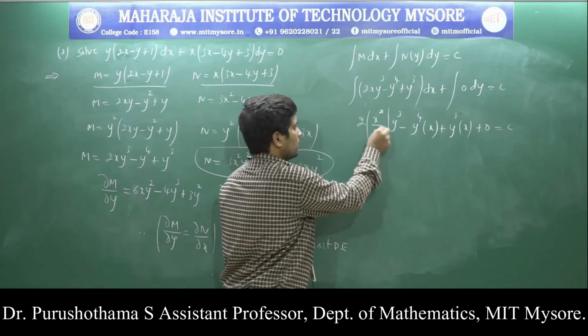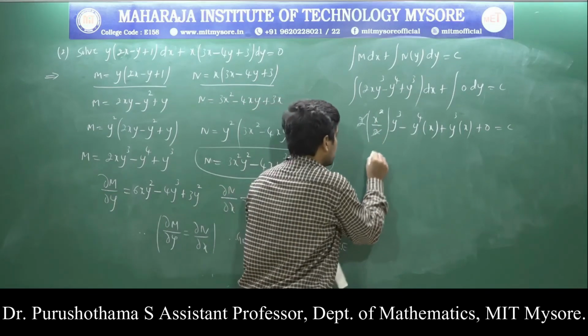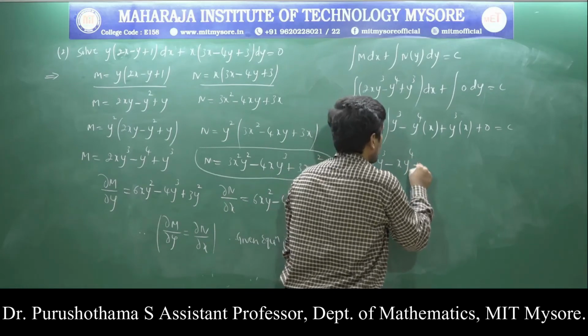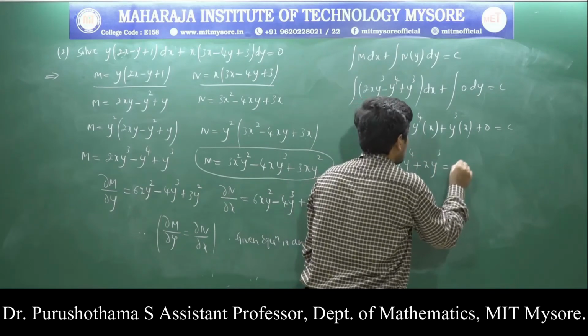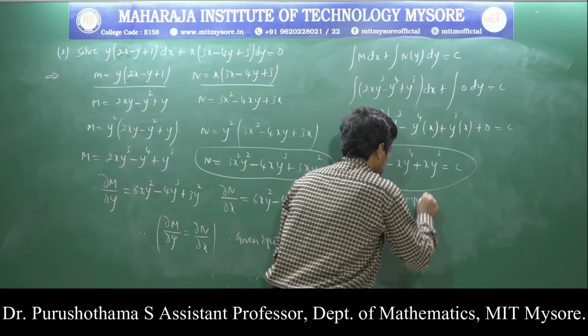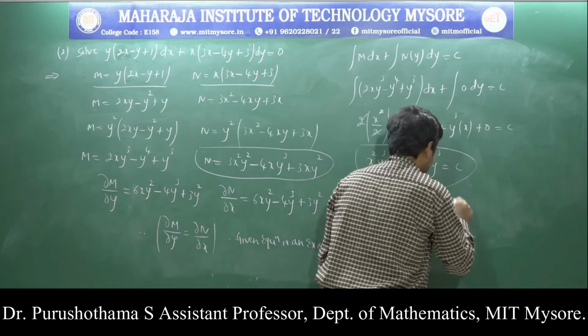The 2 cancels, so x square y power 3 minus x into y power 4 plus x into y power 3 is equal to c. This is the required solution.